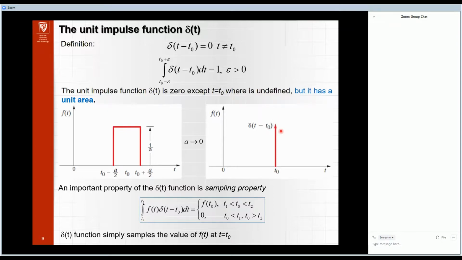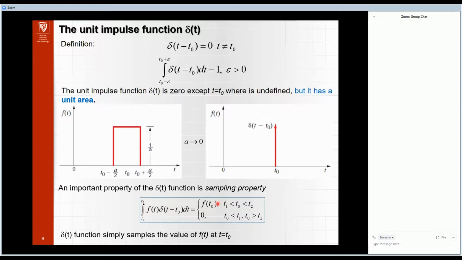We expect this amplitude is high, which is represented by this arrow, but we know about the area, and an important property of the delta function is the sampling property. So when we multiply any function f(t) by this delta, we obtain the function's value exactly at the time equal to t0.